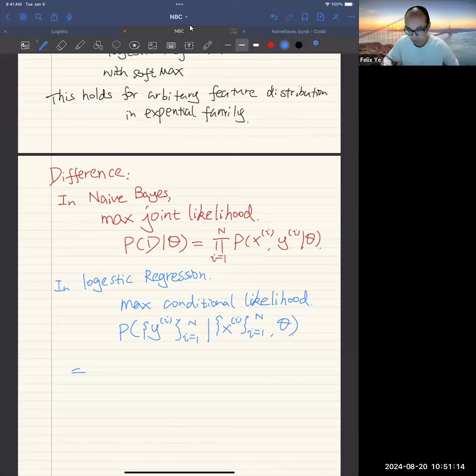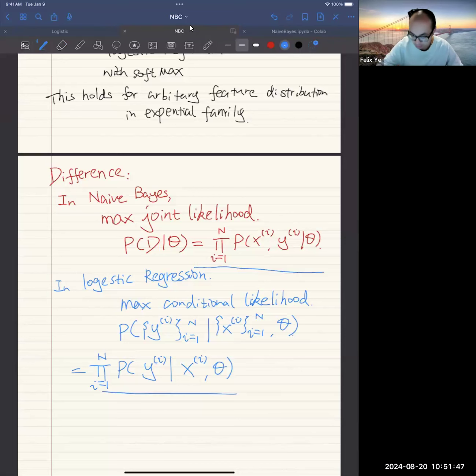All right, so this is equal to the multiplication of i from 1 to n of probability of y_i given x_i and the thetas. So that's why both of them actually give you different results.